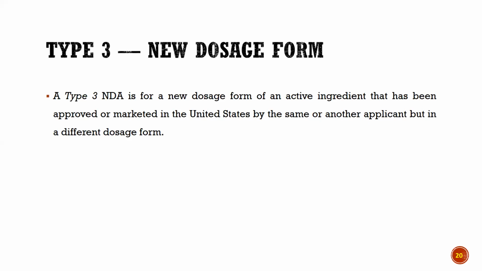For example, pharmaceutical manufacturer A has approval for the same active ingredient in a solid oral dosage form, while manufacturer B is proposing approval of the same drug in a different kind of dosage form, such as a liquid oral dosage form. In this case, type 3 will be used.